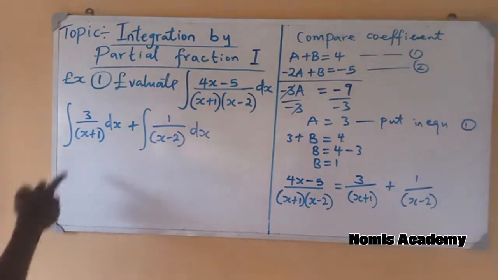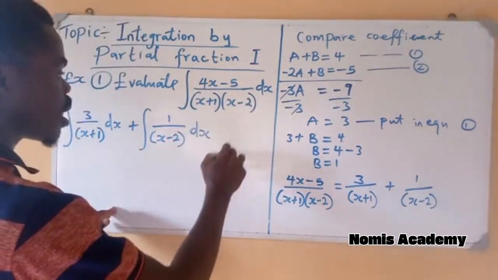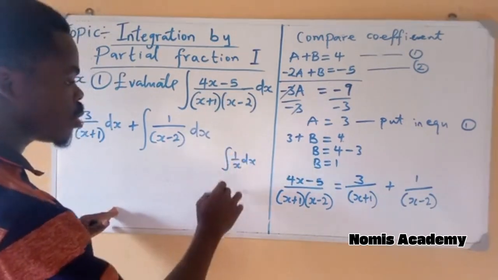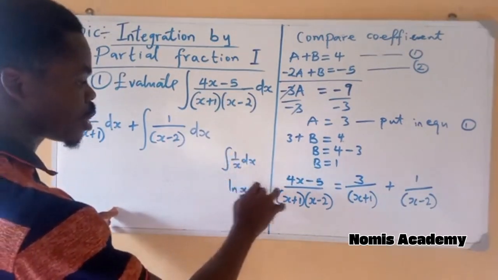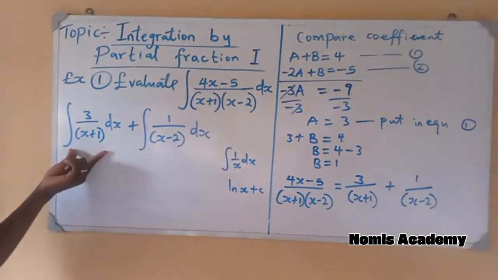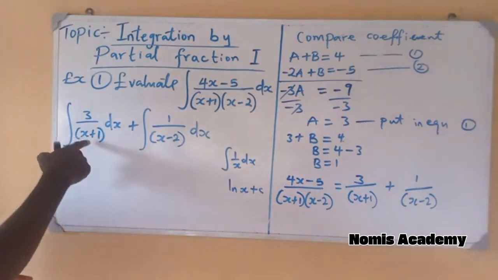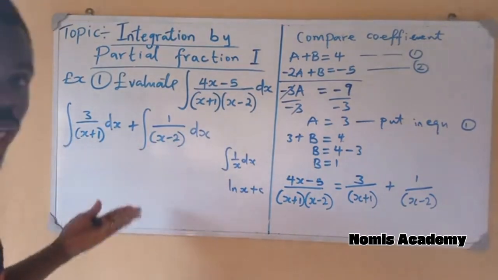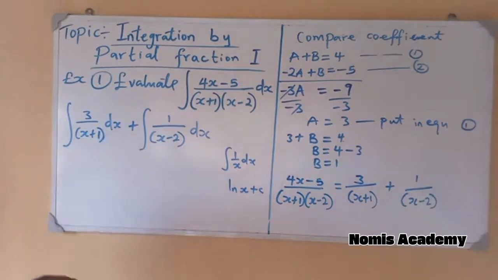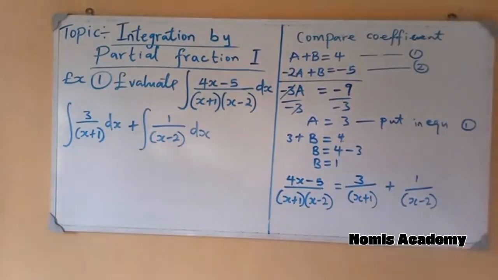Remember the standard integral that says the integral of 1 over x dx is equal to ln|x| + c. If you remember this standard integral, we can actually solve this. And then look at the denominator. When you differentiate the denominator, you only get 1 as the derivative. So we can proceed to get our final answer.